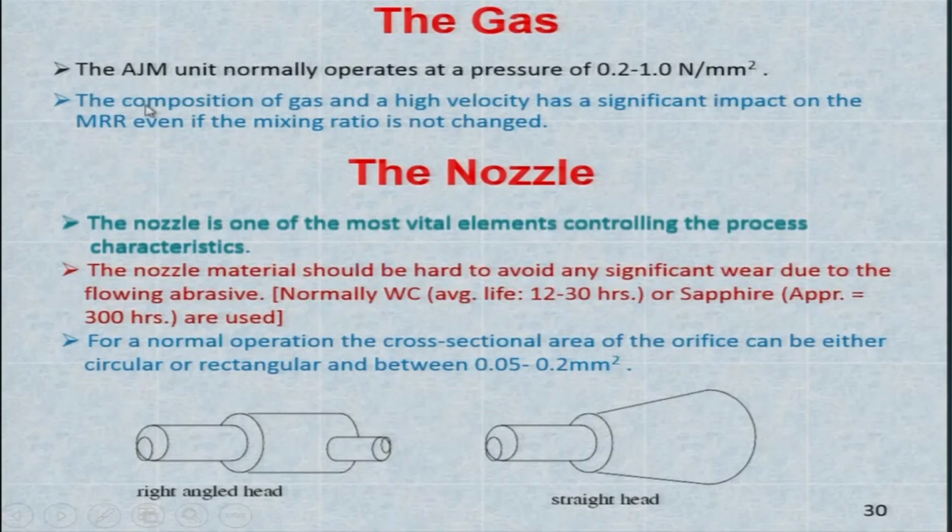So, the composition of the gas is important, and the velocity. What is the gas velocity? These two factors have an effect on the material removal rate. The nozzle is one of the most vital elements controlling the process characteristics.